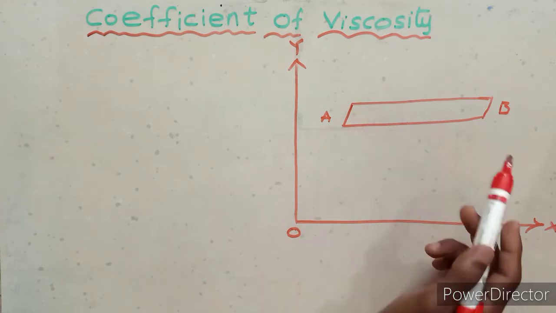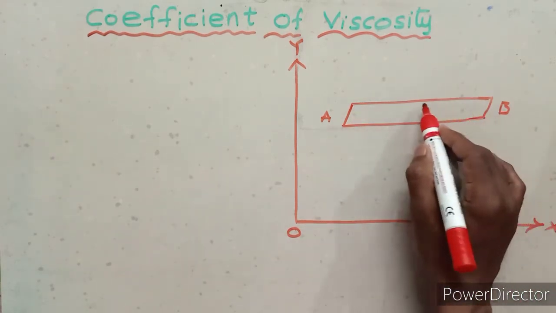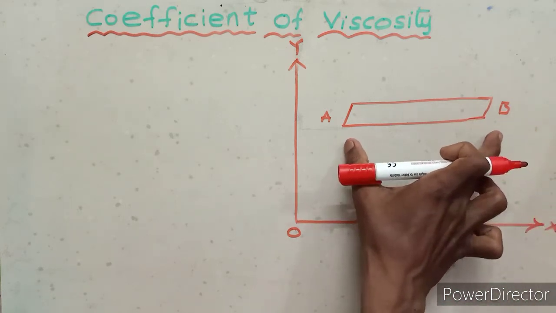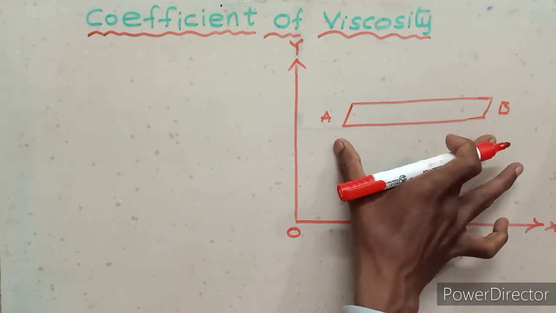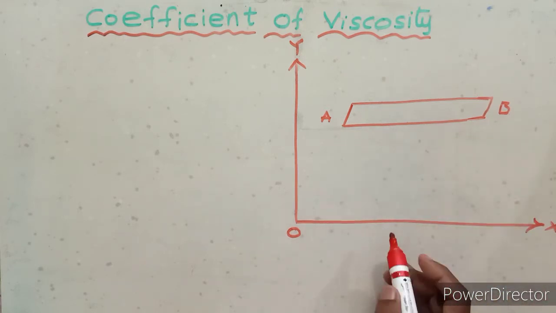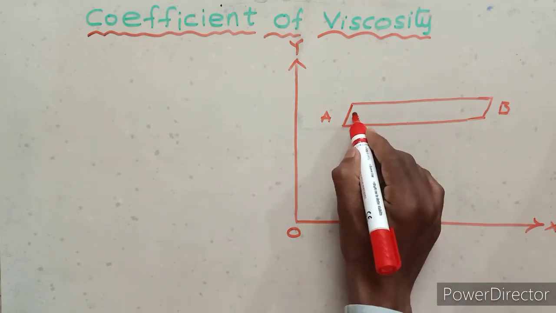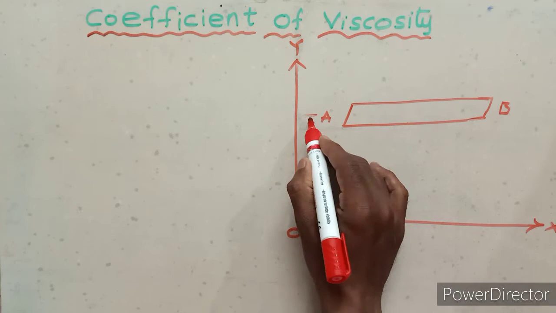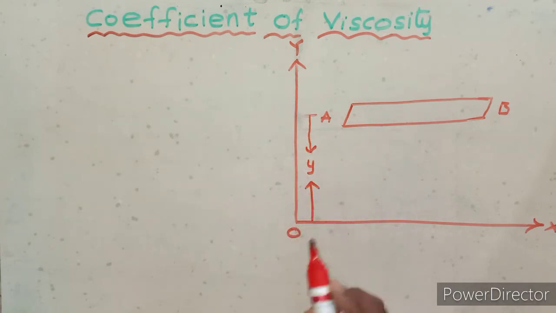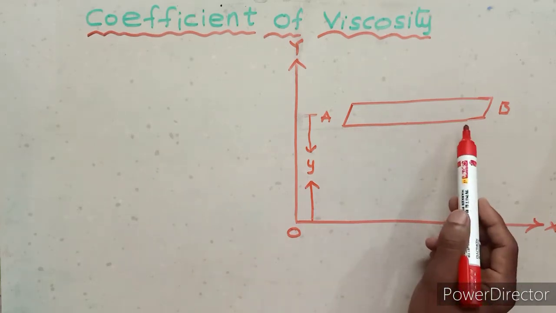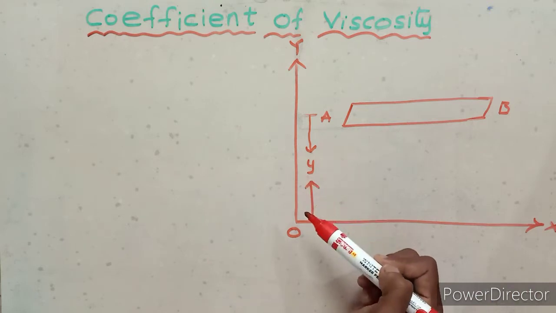We observe the gas molecules in the AB layer. This AB layer from OX, the distance is y. So the AB layer is situated from OX at a distance of y.